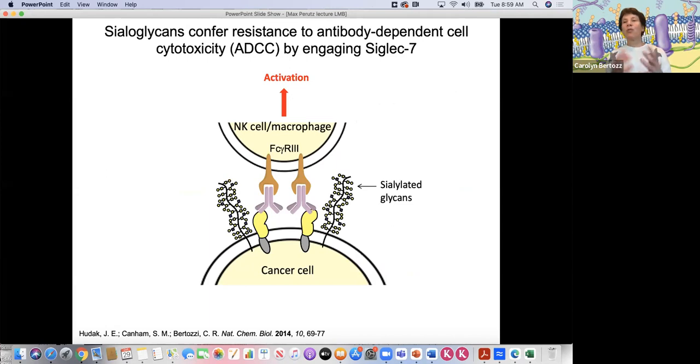And we've actually done super resolution microscopy on synapses between T cells and cancer cells where Siglec-7 in particular has engaged mucins on the cancer cell at the same time that T cell receptors have engaged their ligands. And it's quite clear that in order for these very tall mucins to engage with Siglec, there have to be features of the membrane, ruffles, because these mucins do tend to tower above molecules like MHC and T cell receptors, which are globular proteins, and they're shorter.